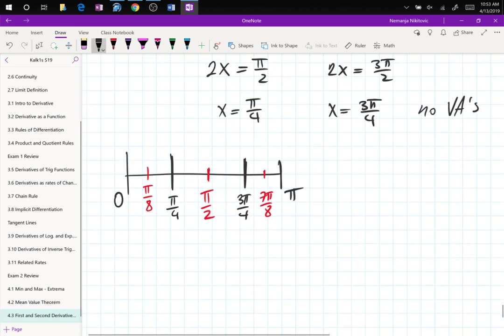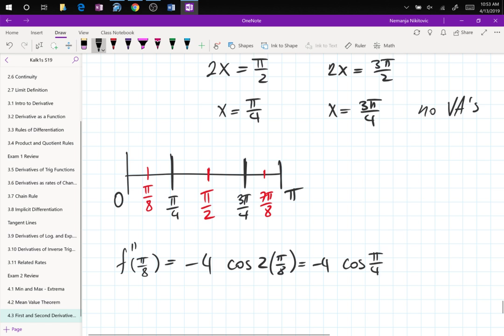And now we take our f double prime of pi over 8, which is negative 4 times cosine of 2 times pi over 8. This is negative 4 times cosine of pi over 4. Now cosine of pi over 4 is root 2 over 2, but I don't care because this is a negative times a positive. That's going to be a negative, less than 0, so concave down.